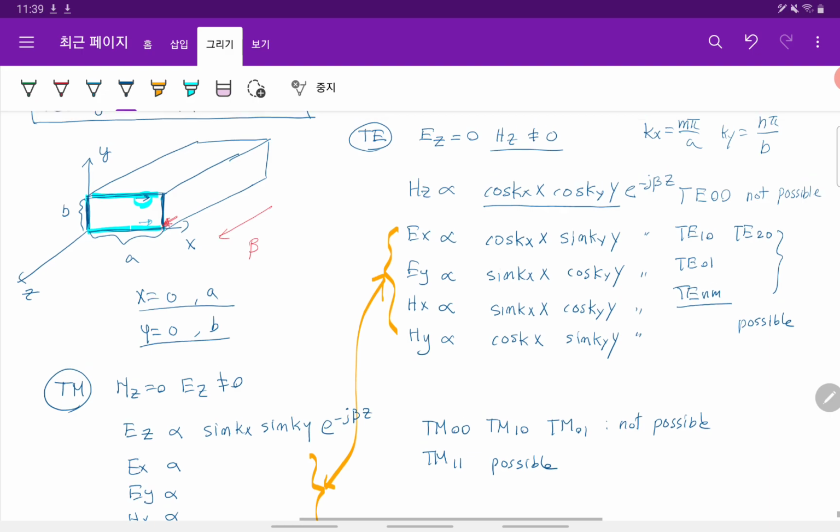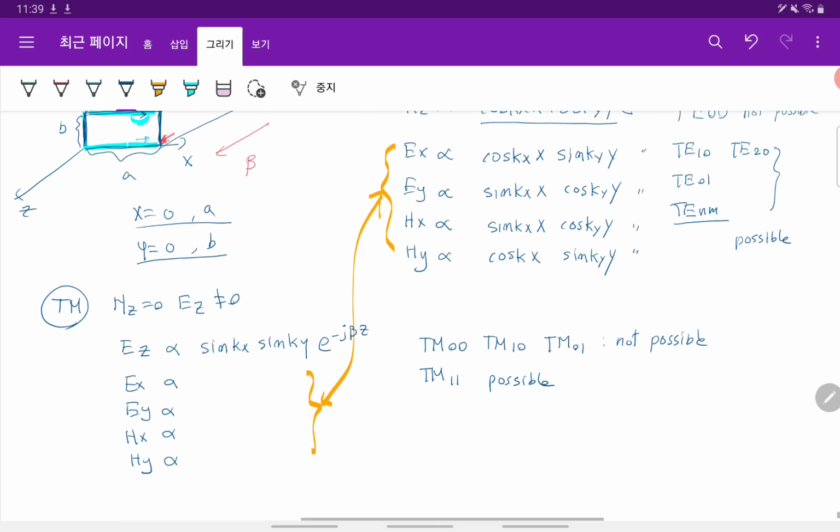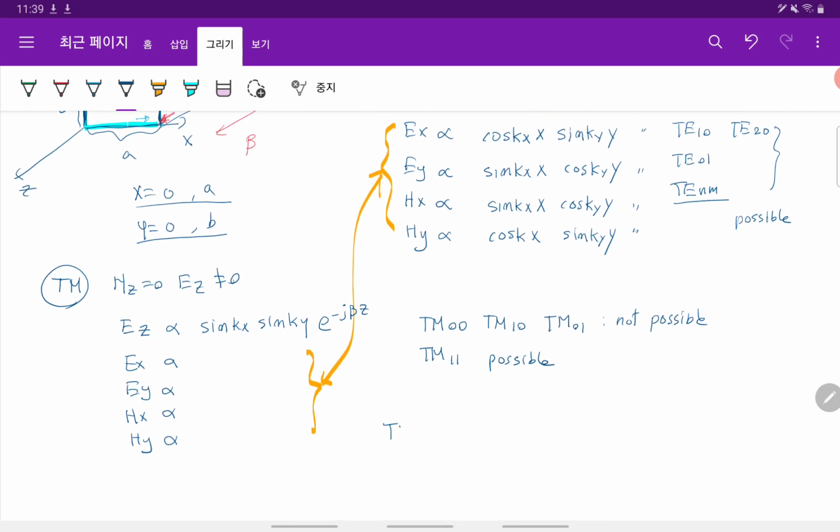So for TE, we can calculate the characteristic impedance. For the TE case, the characteristic impedance is Ex over Hy.